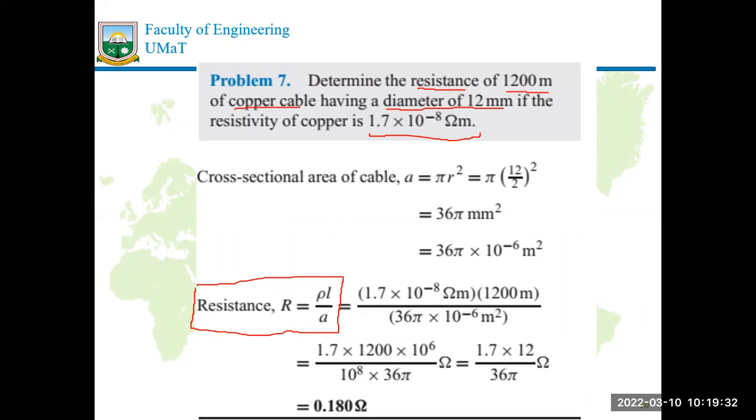I have used the red ink to surround it. So the formula is saying that R is equal to rho times L divided by the area.